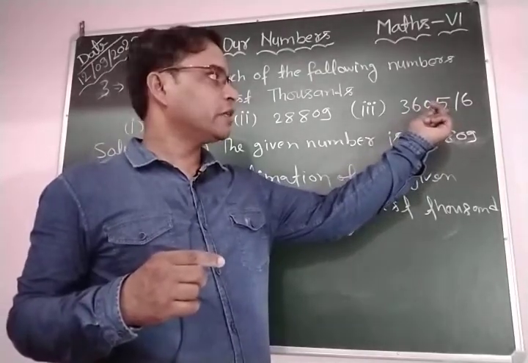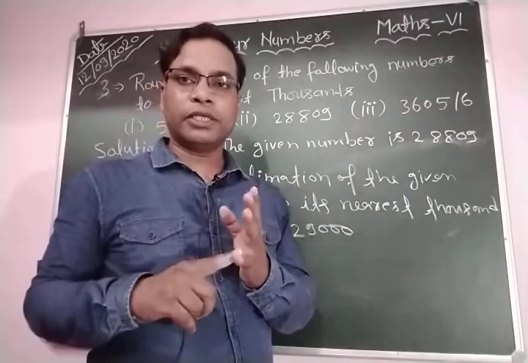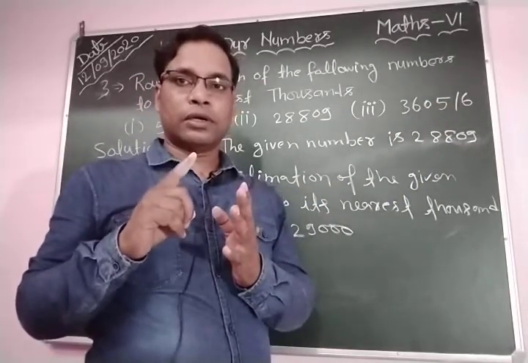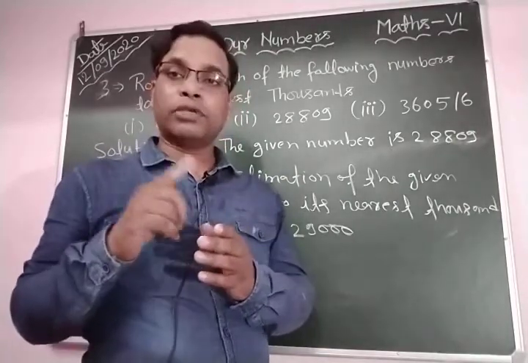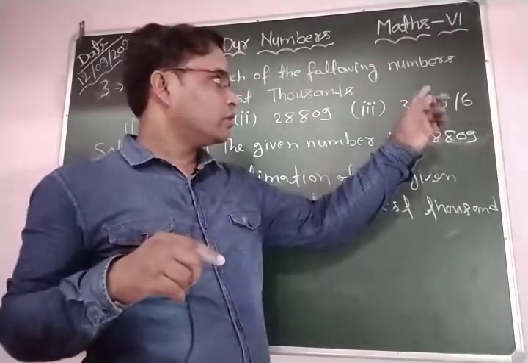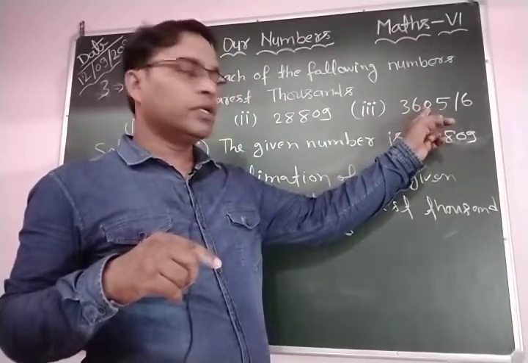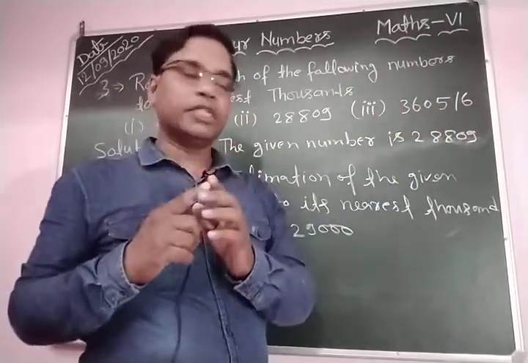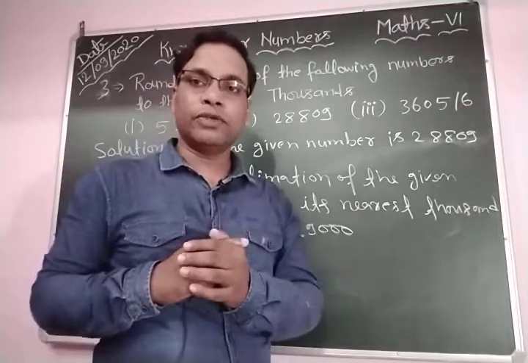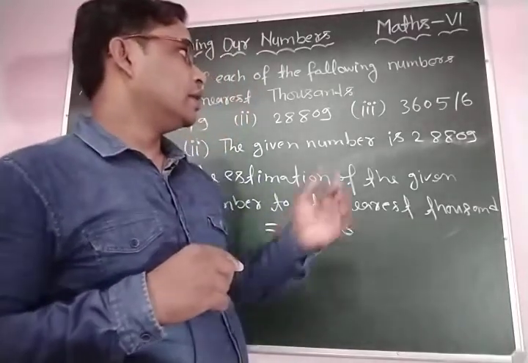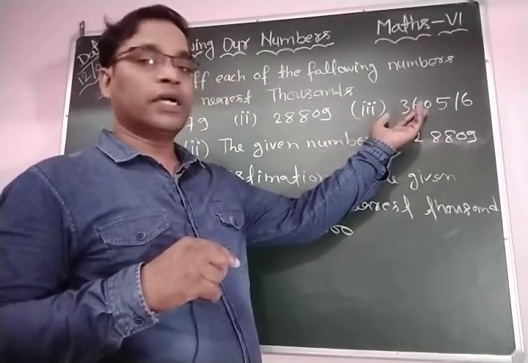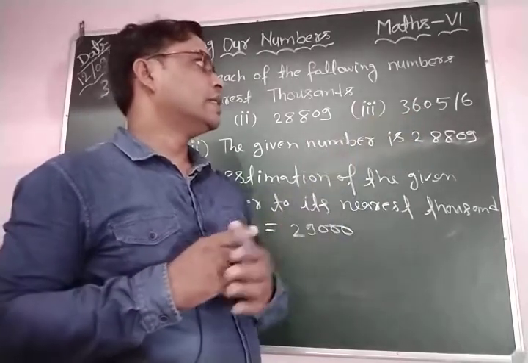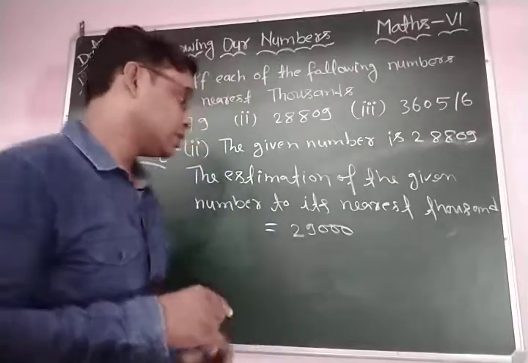The 100 place digit here is 5. It means that the 100 place digit, tens place digit, and ones place digit are replaced by 0, and the 1000 place digit increases by 1. So here the 1000 place digit is 0, and if you add 0 plus 1, it becomes 1. It means that we obtain the rounding of this number at its 1000 place. This is equal to 3,61,000.